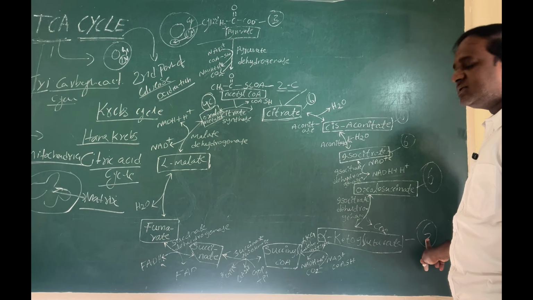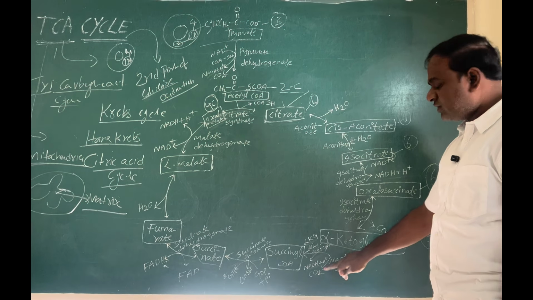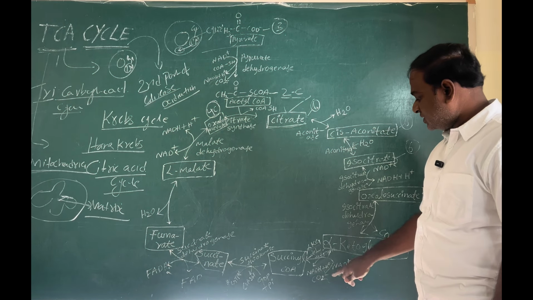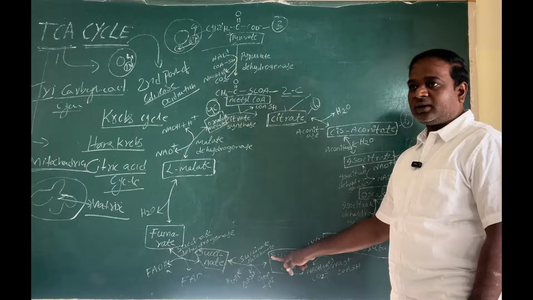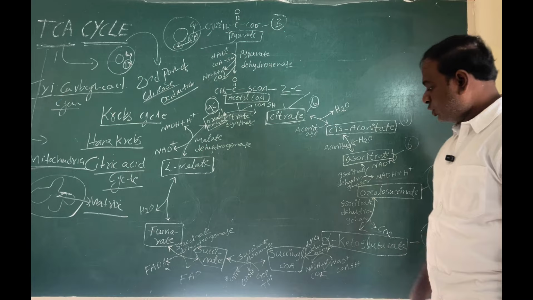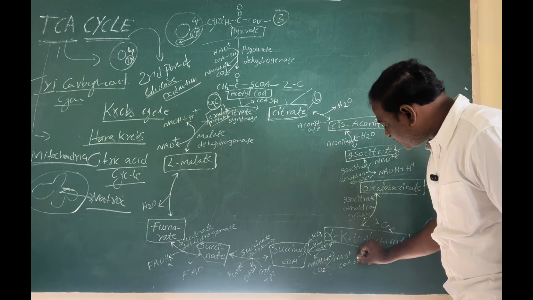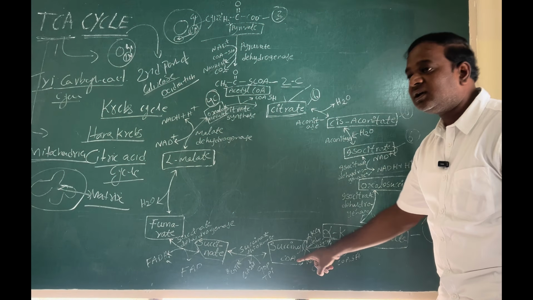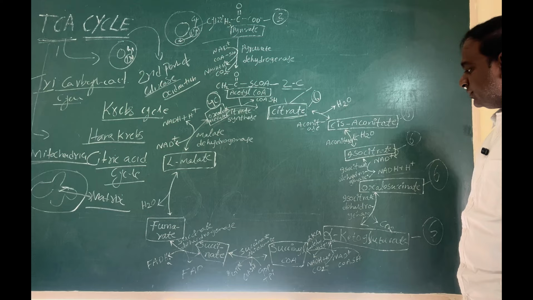Alpha ketoglutarate is a 5-carbon compound. Removal of CO2 means it is converted into a 4-carbon compound, succinyl CoA, with the addition of CoA into the reaction.